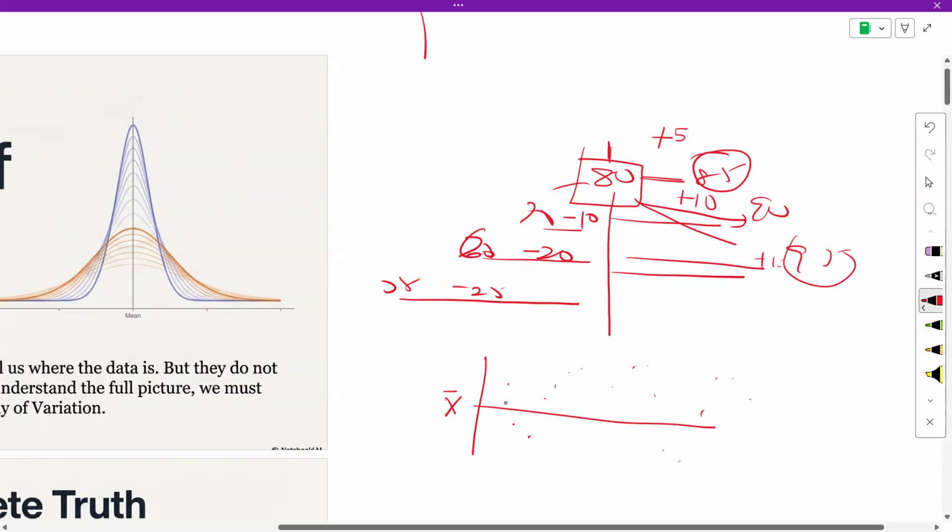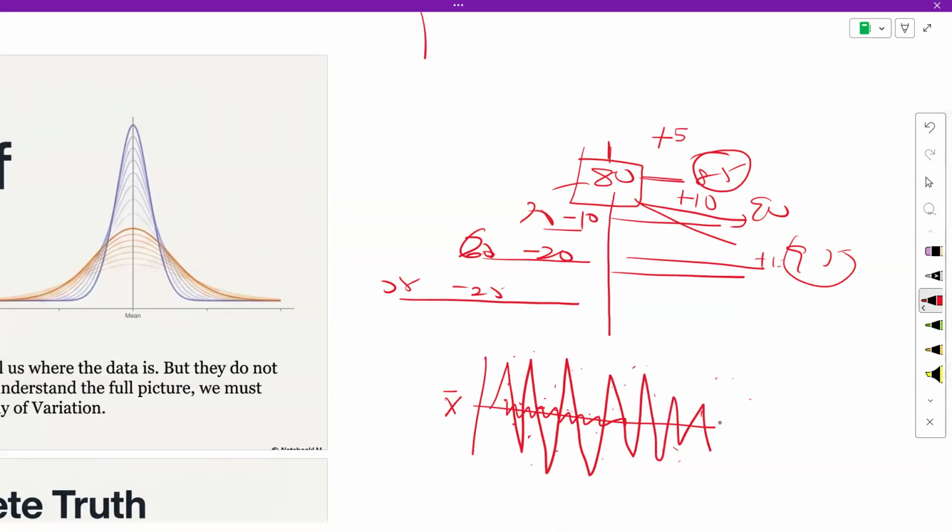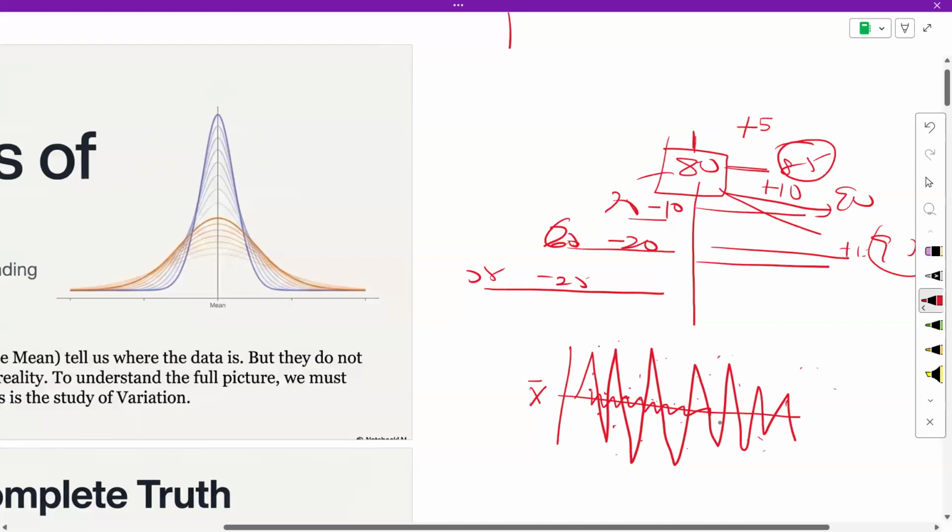If the observations are very close to this mean, then it has less variation. And if the observations are far from the mean line, it is high variation. Right. Now, today's session is about how we measure this kind of variation.